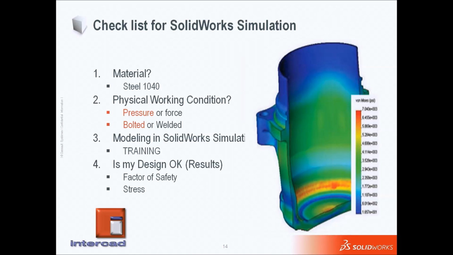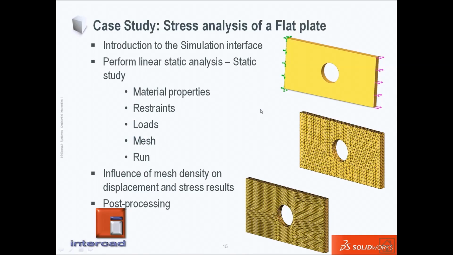So these are the steps, and let's go and have a case study. We will practice all these concepts, as I've explained, with some focus on the ability of the SolidWorks Simulation software in a case of stress analysis of a flat plate, as you can see in the picture. This flat plate has a hole inside. It is restrained on one side, and it's under a tensile load on the other side.